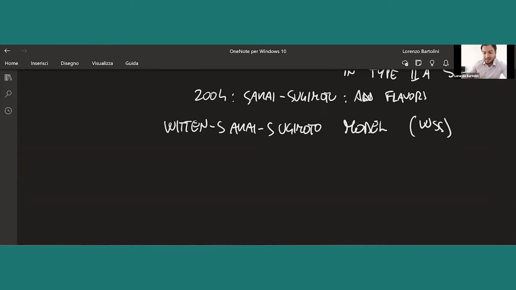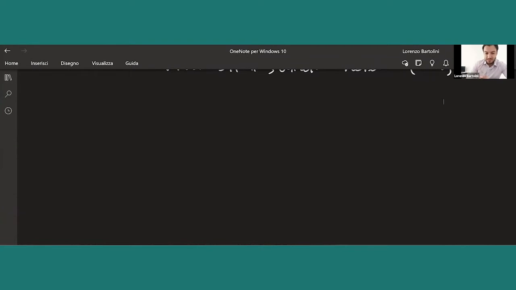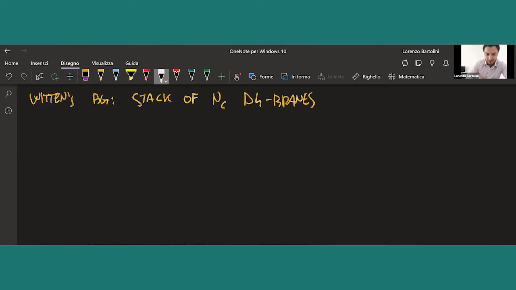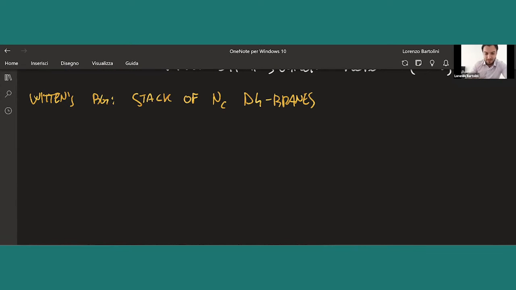So let us analyze how this background looks like. Now we talk about Witten's background. So we take a stack of branes again, not much fantasy in that, a stack of N_C, and those are D4 branes instead of the D3 that we saw in the work of Maldacena.